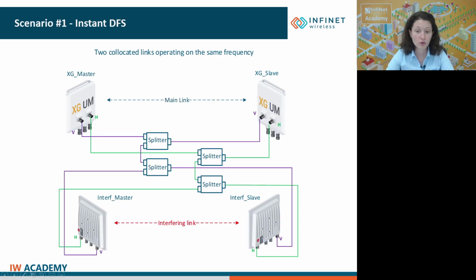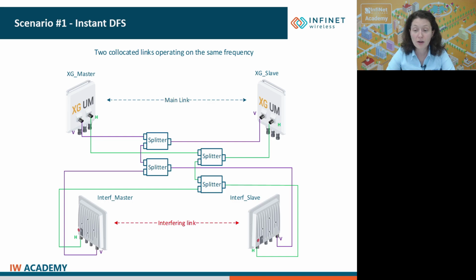We'll now move on to the practical part of our webinar. In order to demonstrate the functionality of the Instant DFS feature, we have preliminarily established a scenario comprised of an InfiLINK XG link that operates in parallel with an interfering link. The goal is to see what happens when Instant DFS is enabled. For this, I am going to generate traffic through the interfering link using iPerf.